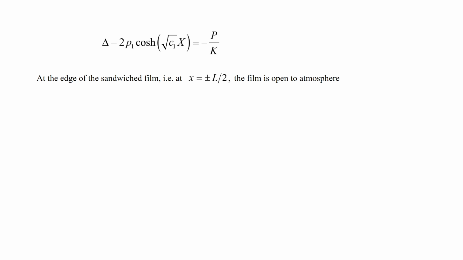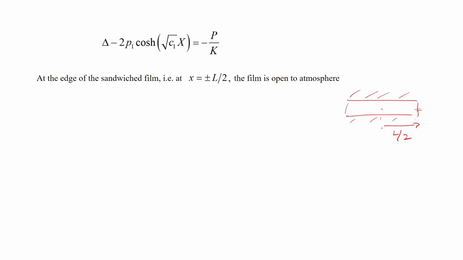At the edge of the sandwich film, at x equal to plus or minus L by 2, the film is open to atmosphere. This is the film, bonded between two parallel plates, and this is L by 2. At this point the pressure P is equal to 0.